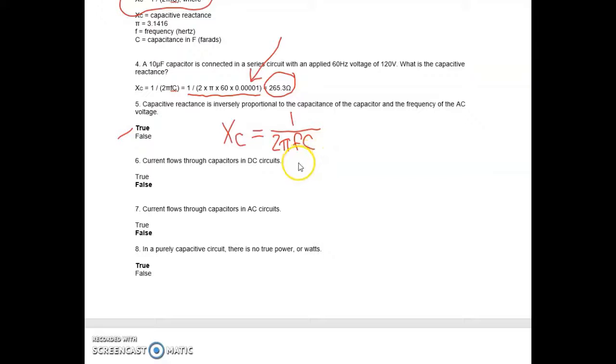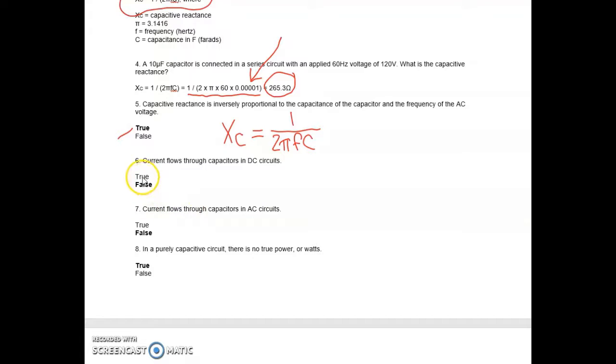So that means, for example, if frequency increases, capacitive reactance will decrease. Or if capacitance increases, capacitive reactance will decrease. So that is an inversely proportional relationship.